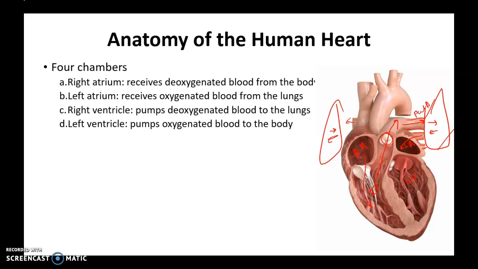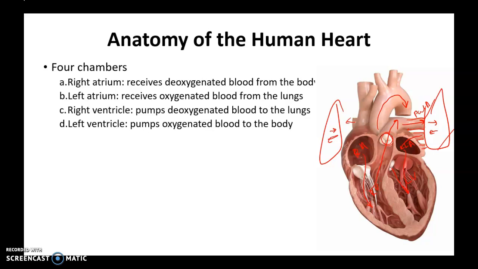So the left atrium gets oxygenated blood from the lungs. From the left atrium, blood flows into the left ventricle, and from the left ventricle, blood is forced into the aorta and gets distributed throughout the body. So that was the general pattern of blood flow and the chambers of the heart.